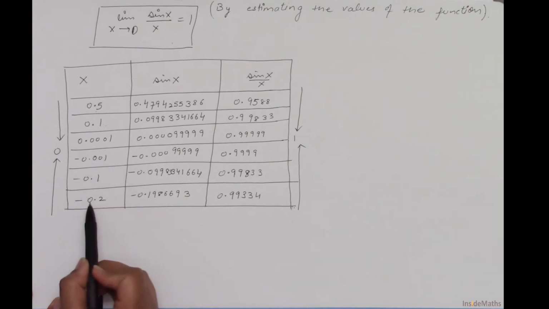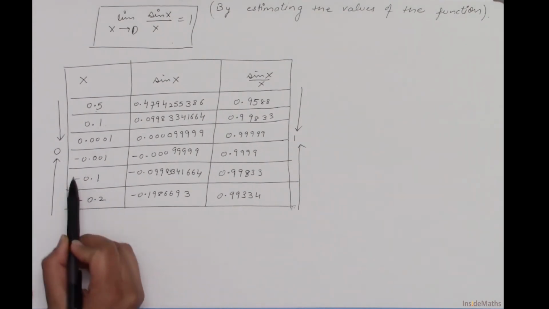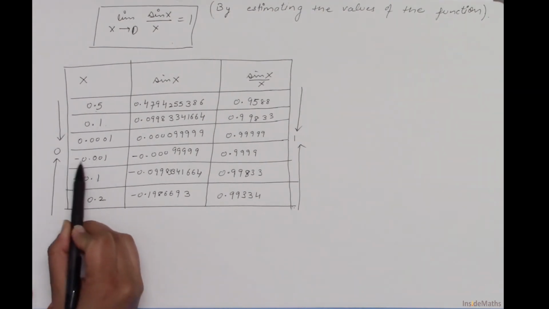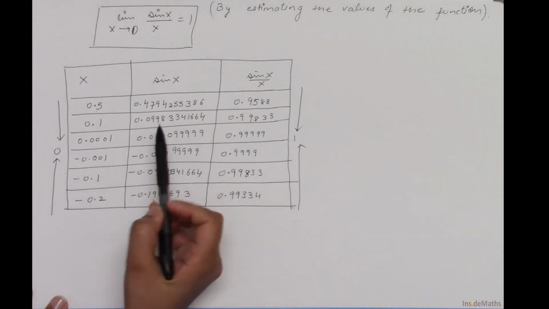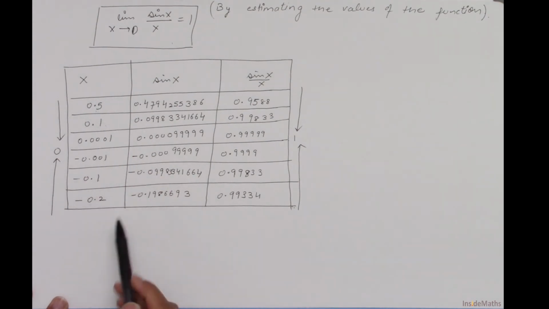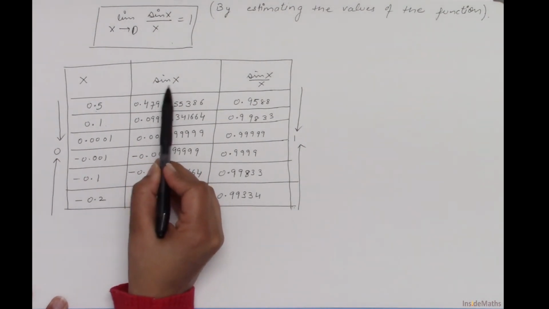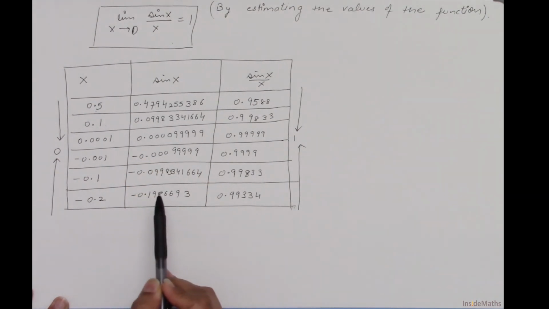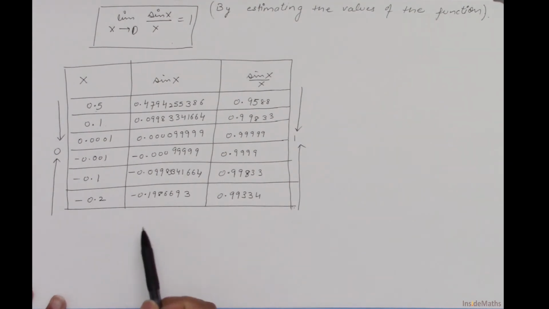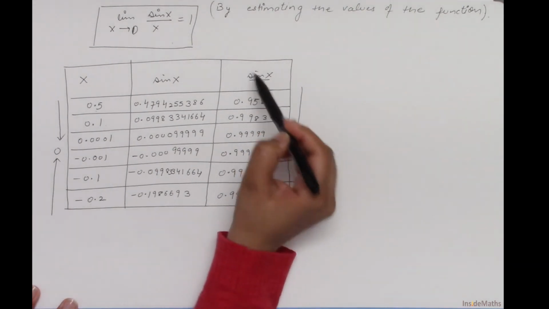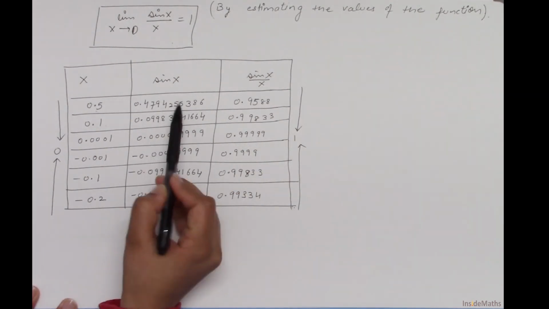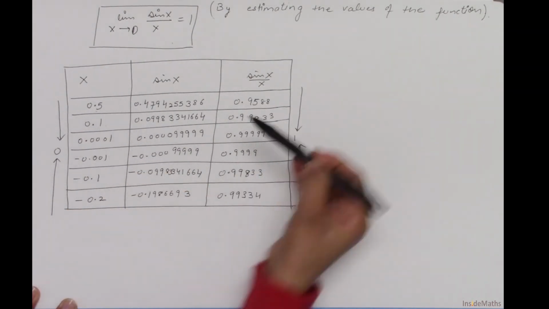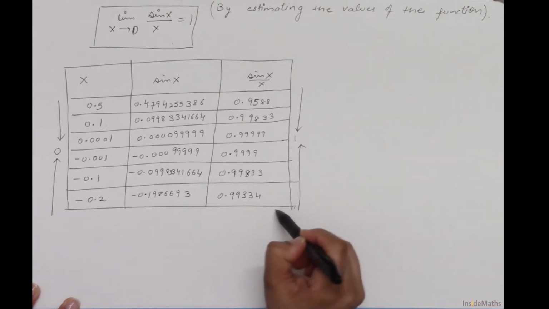From the left side I took minus 0.2, minus 0.1, minus 0.001. At these values of x, I calculated the values of sin x by using a graphical calculator. And then we just have to find sin x over x by dividing this value by this value. So we got these values.